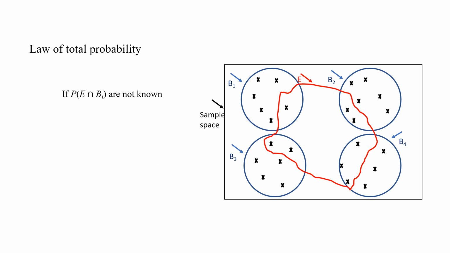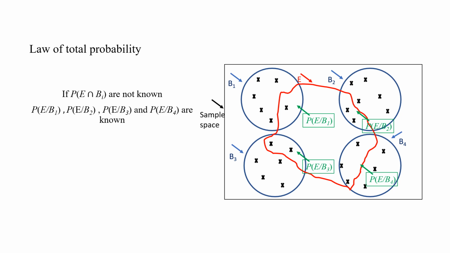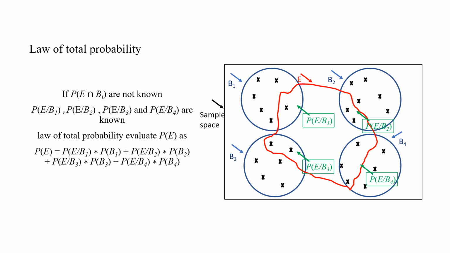If probability of E intersection Bi are not known, but the individual conditional probabilities for event E, that is, probability of E given B1, probability of E given B2, probability of E given B3 and probability of E given B4 are known, then the law of total probability can use these conditional probabilities and evaluate probability of E as probability of E equals probability of E given B1 multiplied by probability of B1 plus probability of E given B2 multiplied by probability of B2 plus probability of E given B3 multiplied by probability of B3 plus probability of E given B4 multiplied by probability of B4.